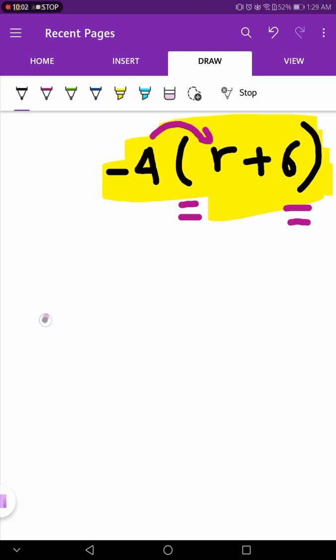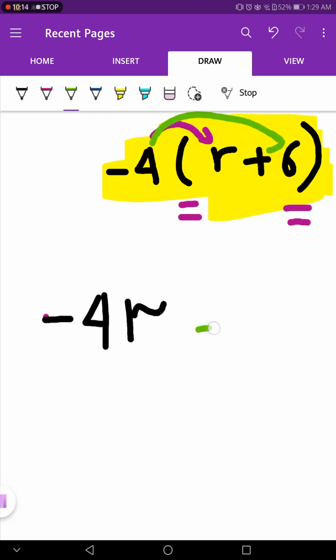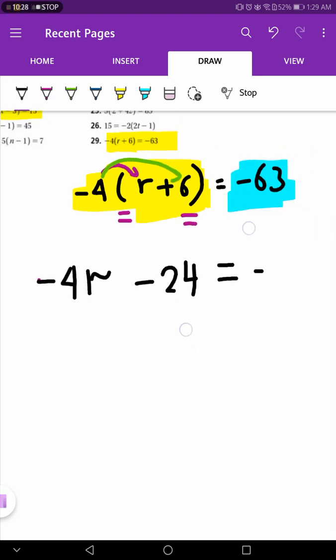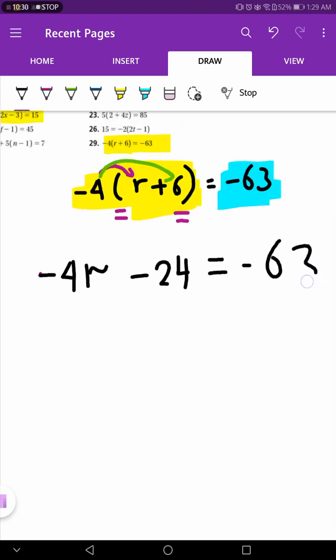Negative 4 multiply r equals negative 4r, and then multiply the negative 4 by 6, which equals negative 24. Okay, and don't forget to write the other side, which equals negative 63.